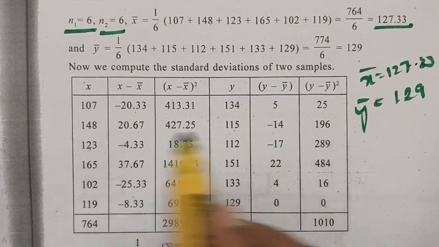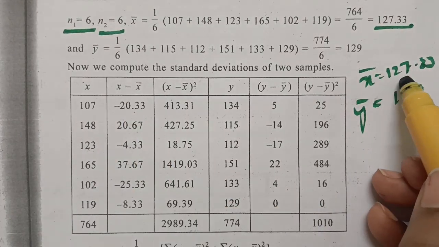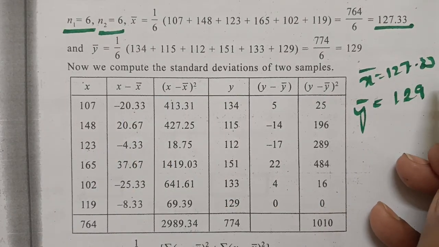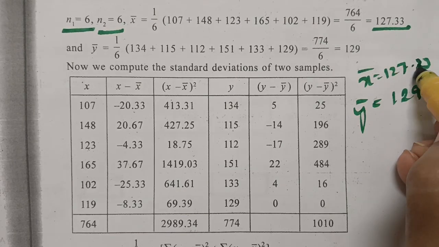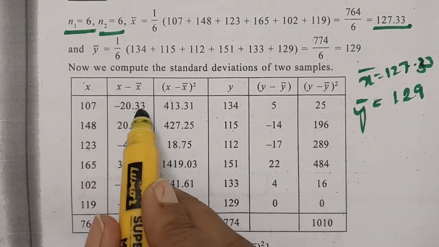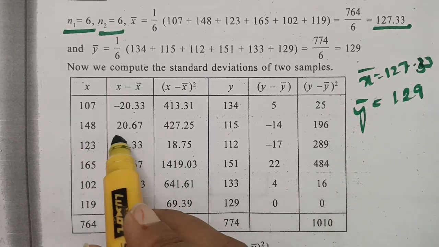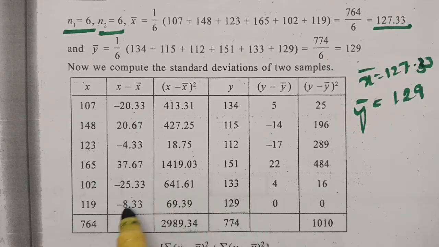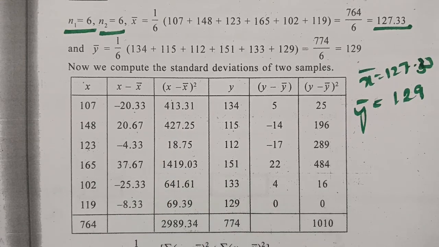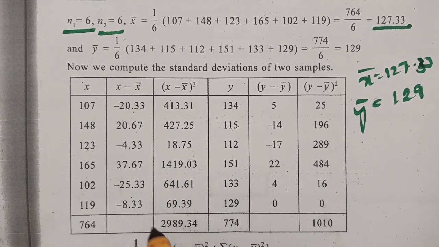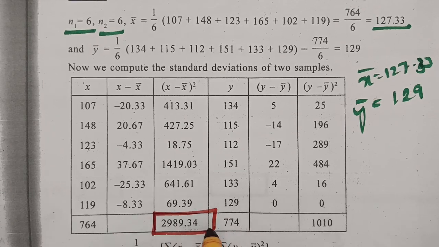This is x minus x bar. From each and every value we have to subtract 127.33. So this is minus 20.33. 148 minus 127.33 is 20.67. So we have to fill this column. We have to make the squares. And here this will be the grand total for x minus x bar squared.